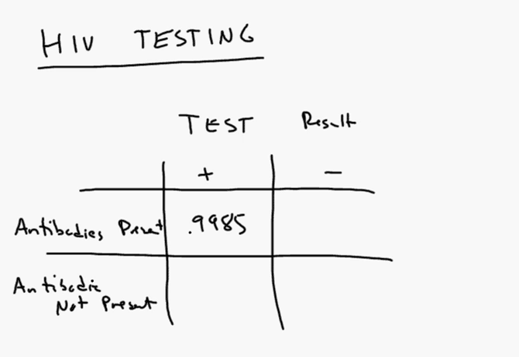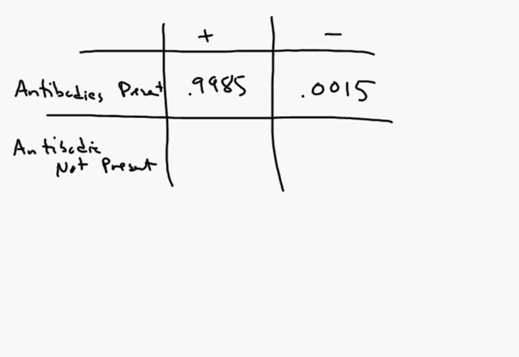That's what that's really saying. This is also possible. This is saying that 0.015% of the people who have antibodies get a negative result back. If we want, we can write that as a conditional probability.